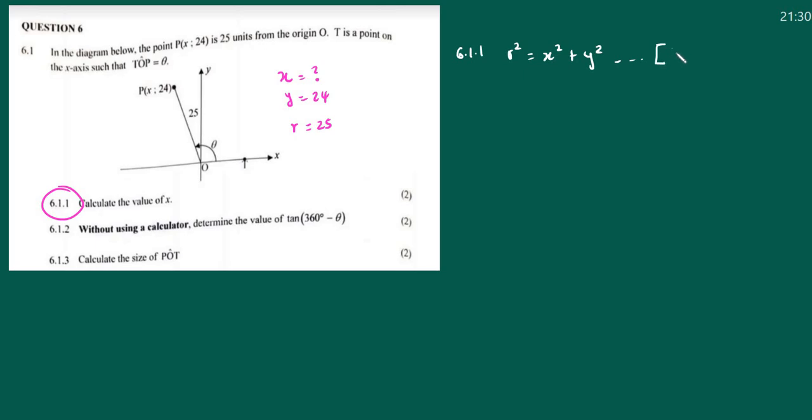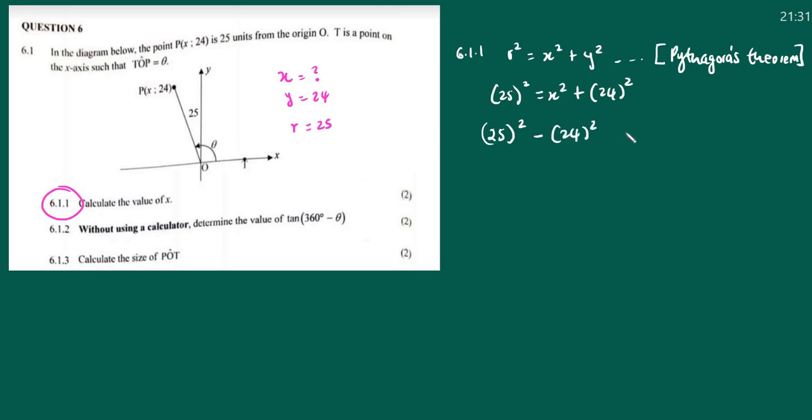Then you tell them Pythagoras theorem, and then r is 25, x you don't know, but you know that your y is 24. Then you say 25 squared. 25 squared minus 24 squared should give you your x.